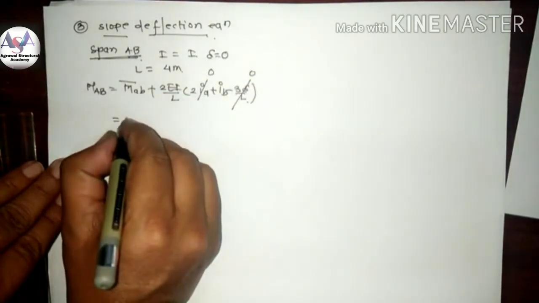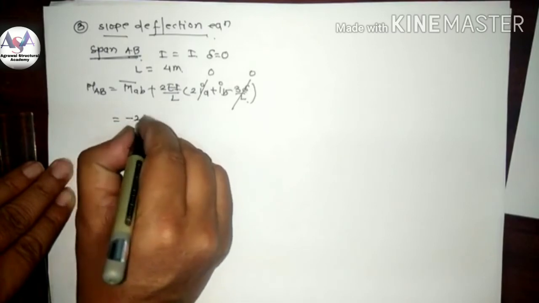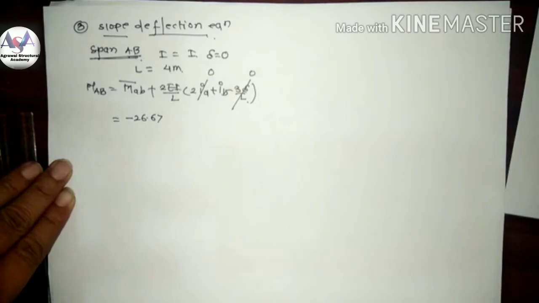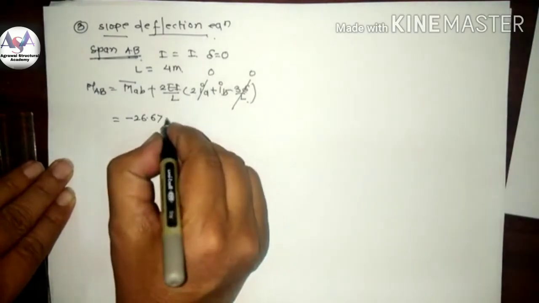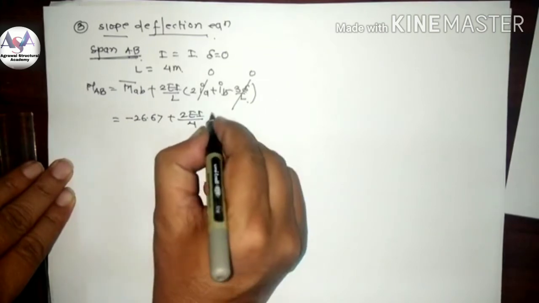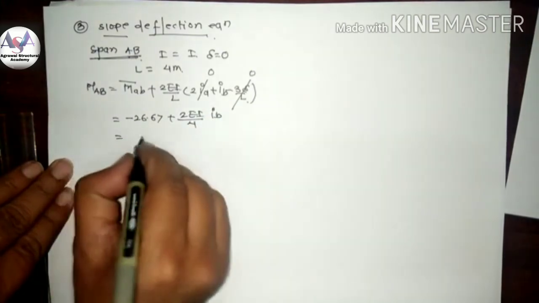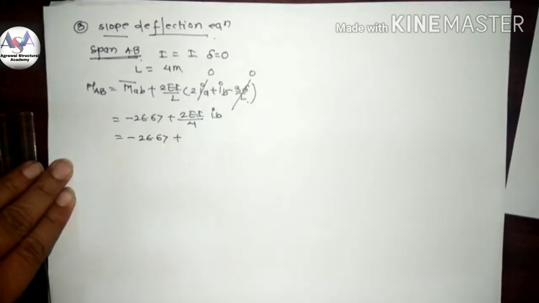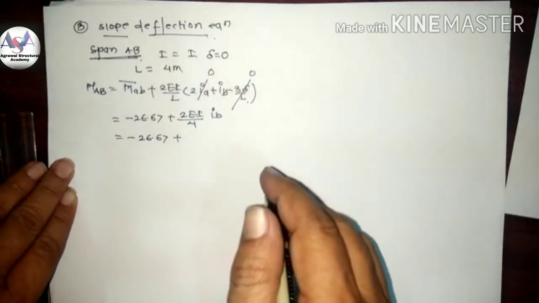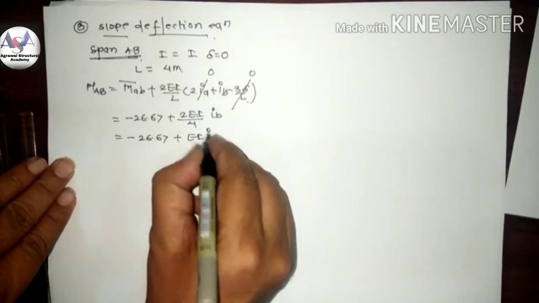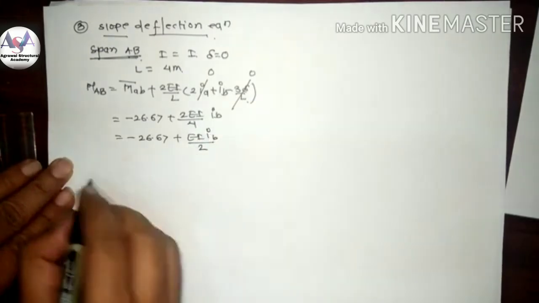So if you put the value of M bar AB, minus 26.67, then plus 2EI by L is equal to 4 theta B. So this final value is minus 26.67 plus EI theta B divided by 2.